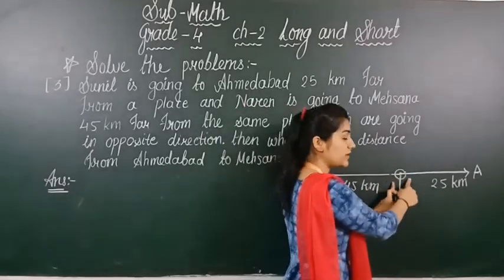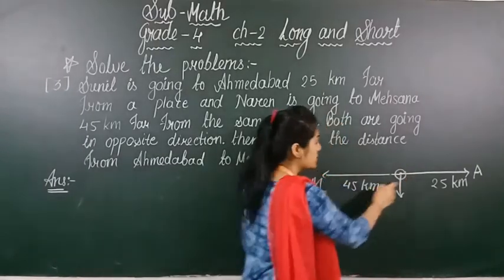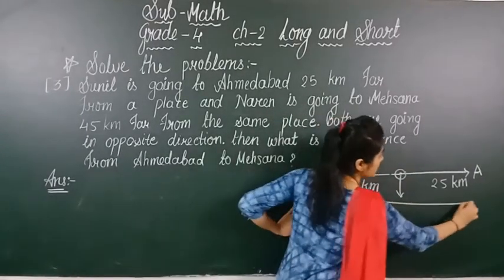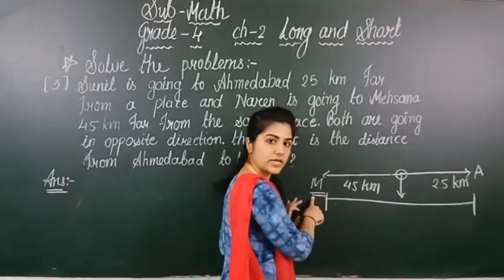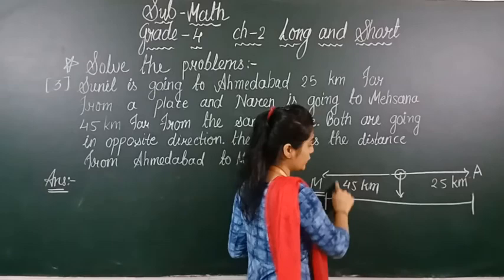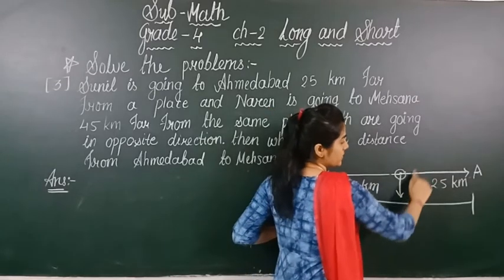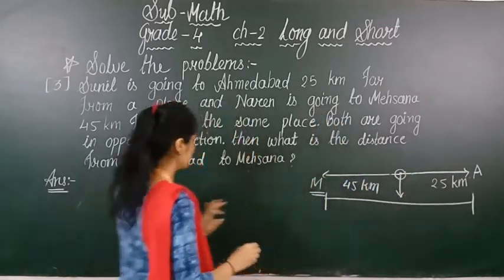They both are going from the same place. So we have to find the total distance from Ahmedabad to Mehsana. Firstly, we have to do addition for these two numbers.